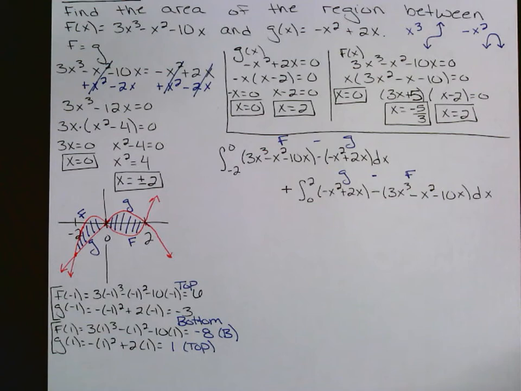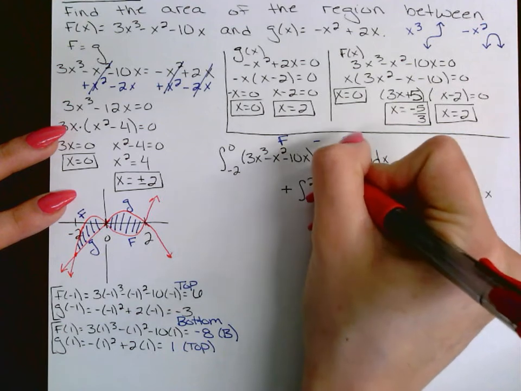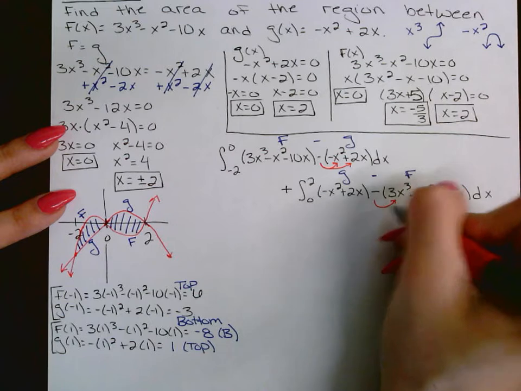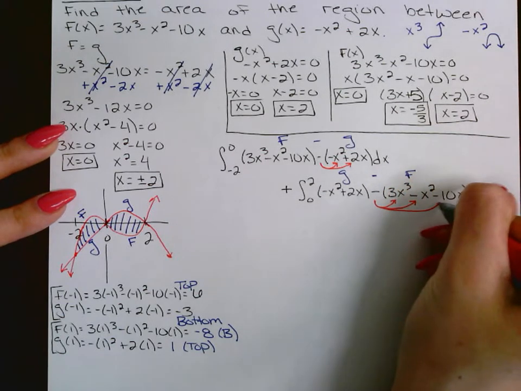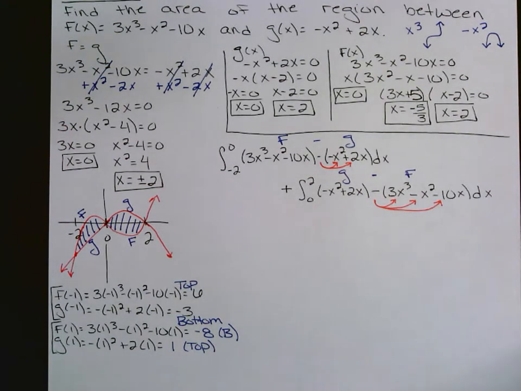Okay? So now I need to clean. I need to distribute this negative. Make sure you distribute it to both terms, and here to all three. Biggest mistake on the AP is that everyone does all of this math correct, but they forget to distribute the negative all the way through. And then they mess up the term, which messes up their final answer, okay?